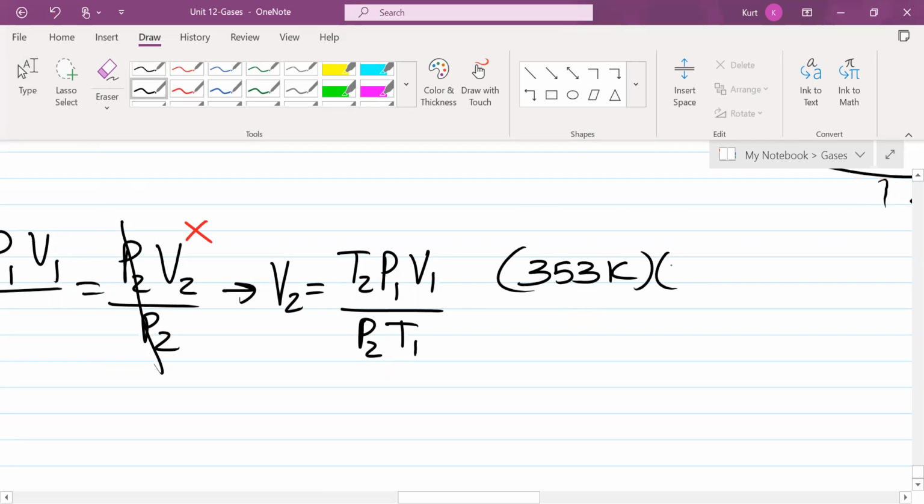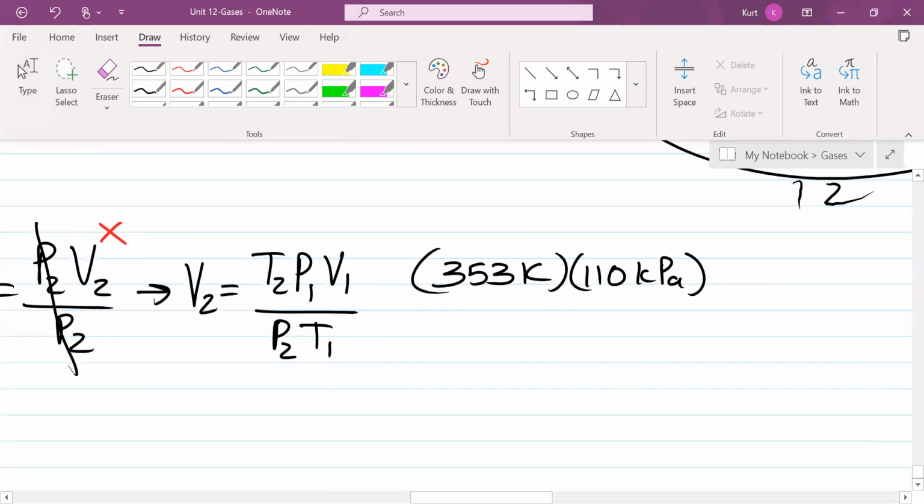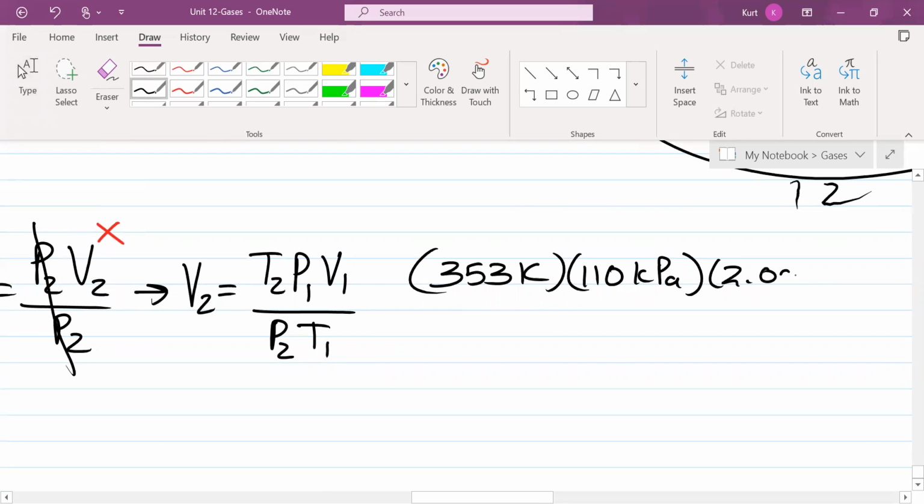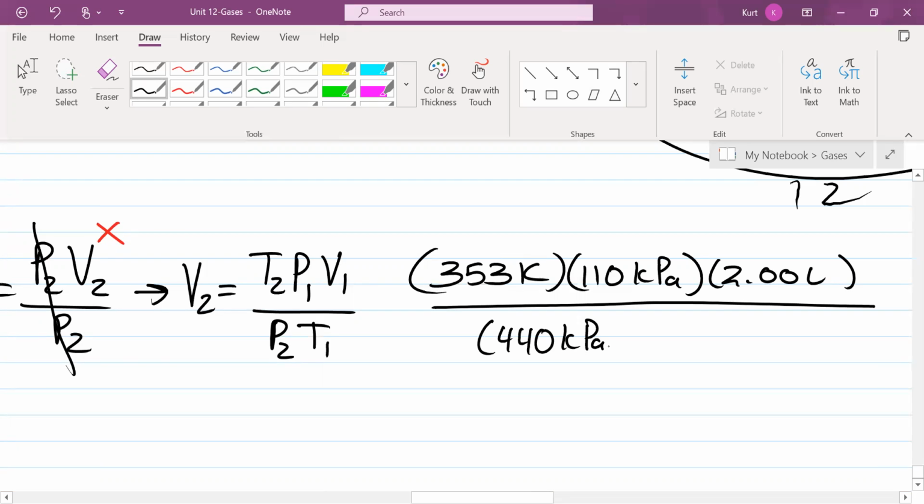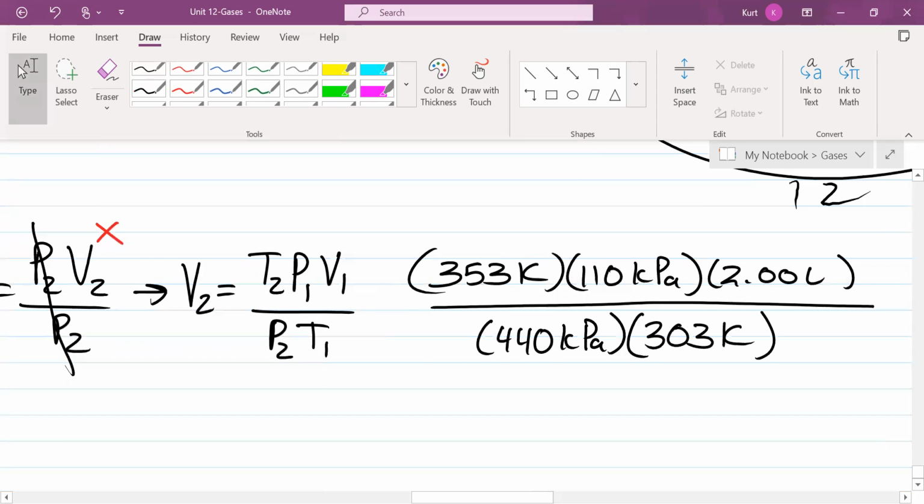P1 is 110 kPa. And V1 is 2.00 liters. P2 is 440 kPa, kilopascals. And T1 is 30 degrees Celsius, which is 303 Kelvin. Now, do you guys see any common units of measurement?